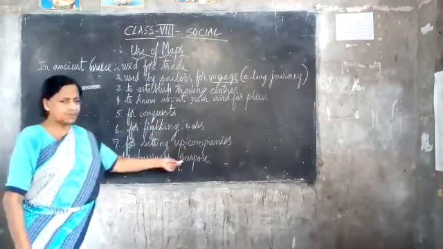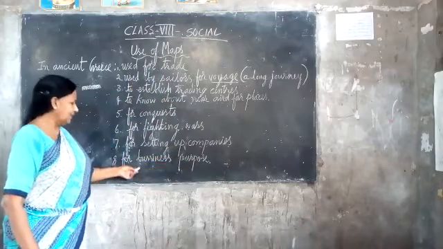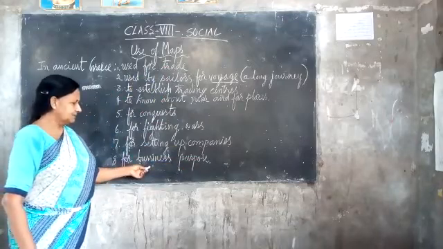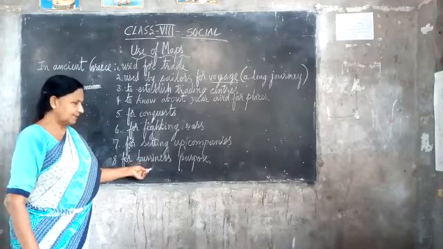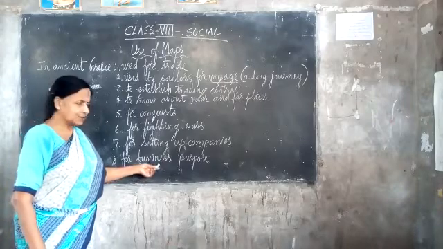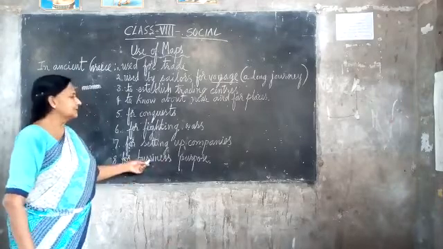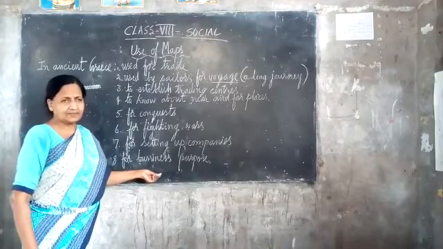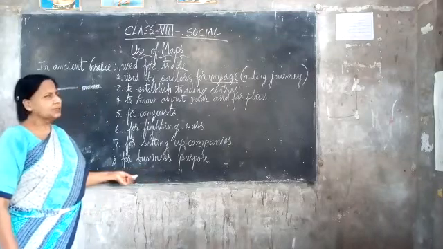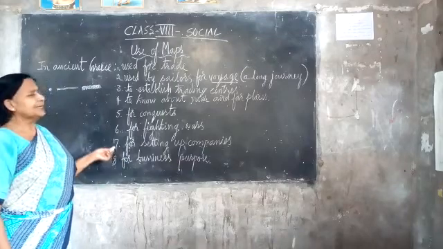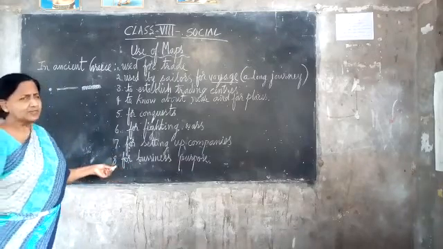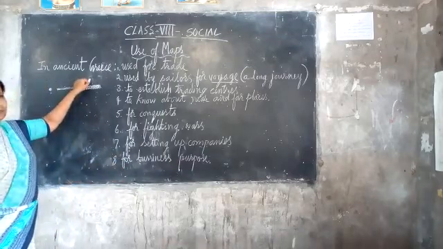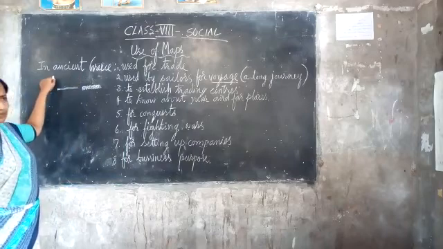For business purposes, if they wanted to open out business in their kingdom or elsewhere, they would take the guidance of the map. So the map was used in so many different ways by the Grecian people during the ancient time.